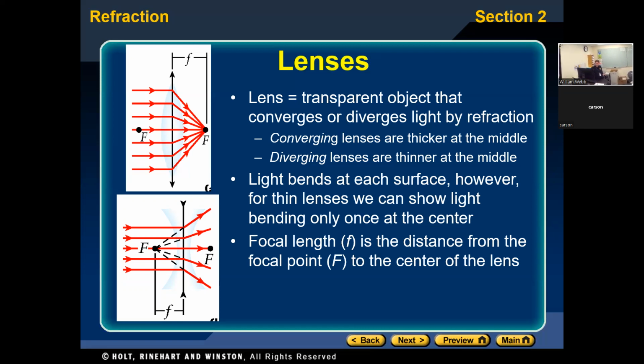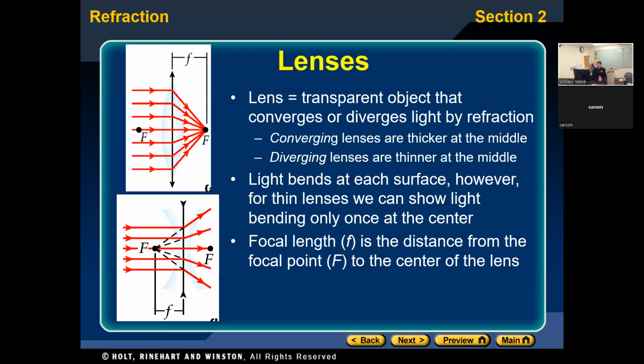And so since we don't draw the light bending at both edges of the lens, because they're usually pretty thin, it's not worth that little extra detail. When we measure the focal length, we know where the focal point is because we can see where the light all focuses in. And so we measure from that point to the center of the lens. So that's our focal length. It's just from the center of the lens to the focal point where the light goes.